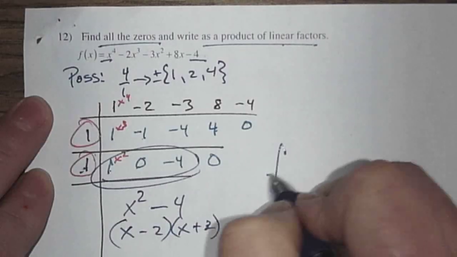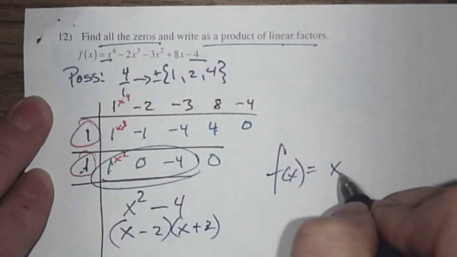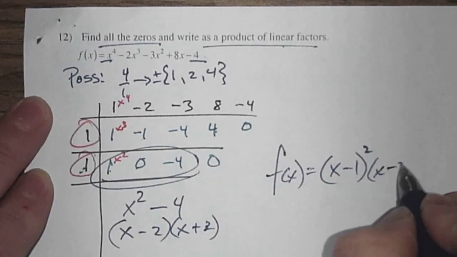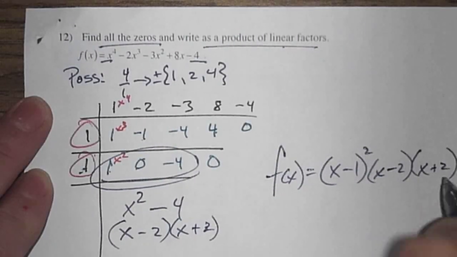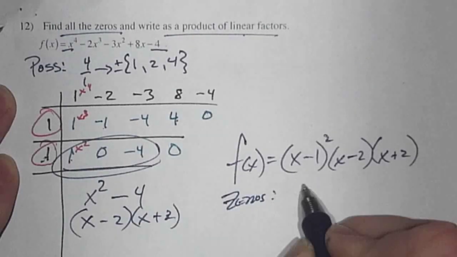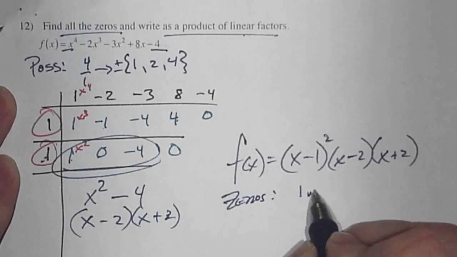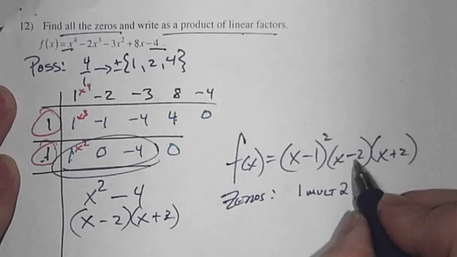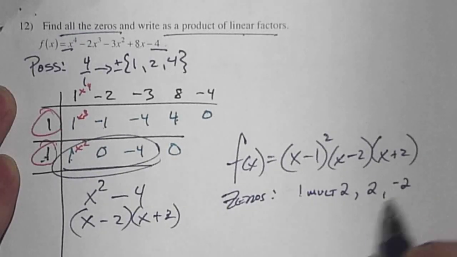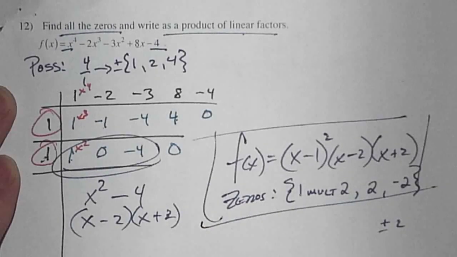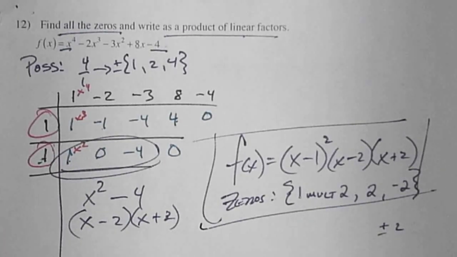So now my function is x minus 1 squared, because I got 2 of them, times x minus 2, times x plus 2, and my zeros are 1 with a multiplicity of 2. Got a little neater right there, huh? And a 2 and a negative 2. I could put plus or minus 2 in there if I wanted to. It would look kind of cool. I always thought that was kind of cool looking, but you can list them separately.